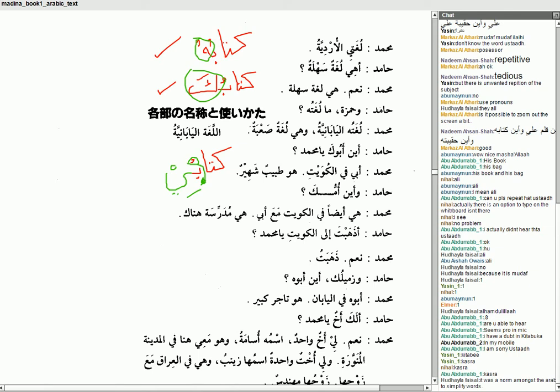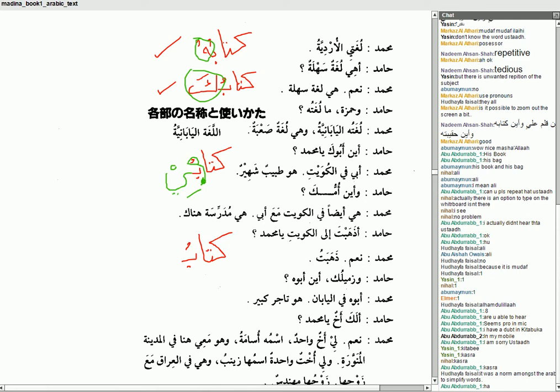And one more example is if you are referring to the feminine. Kitabuhu is Ali's book. If it's, for example, Fatima's book, you say kitabu, that's your mudaf. Naam, absolutely, Abu Abdullah, ahsant.